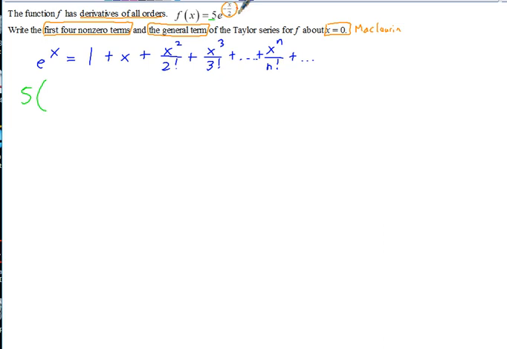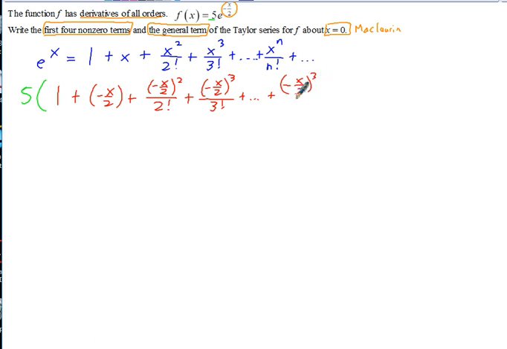And then if we substitute in negative x over 2 for all the x's, well, the 1's not going to change. But instead of x, that'll be negative x over 2 plus negative x over 2 squared over 2 factorial plus negative x over 2 cubed over 3 factorial plus dot dot dot plus, we'll substitute in here as well, negative x over 2, sorry, not cubed, to the n over n factorial plus dot dot dot.